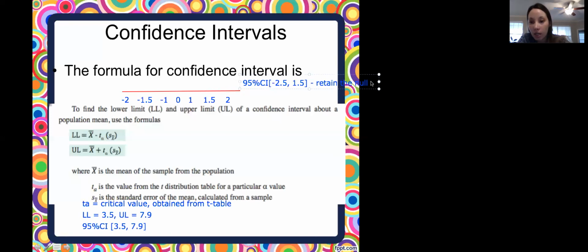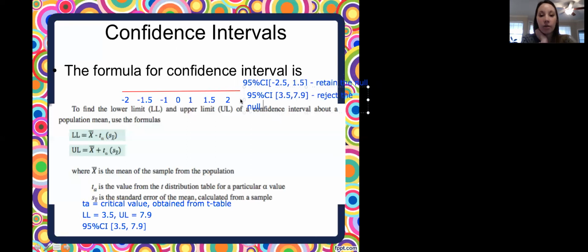However, if they don't, let's do another. So say we have a 95% confidence interval of, like the one I put down here, 3.5, 7.9. That doesn't pass through 0, right? Those are two positive numbers. So in that case, we're going to reject the null.